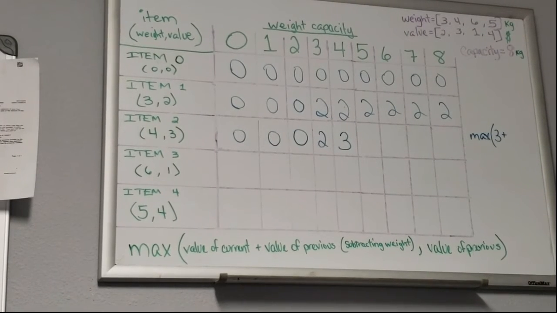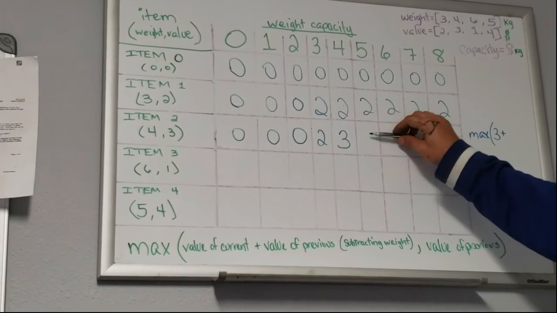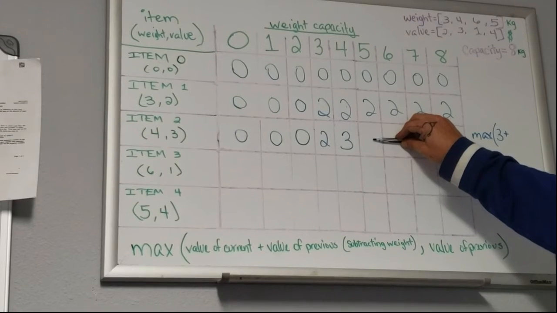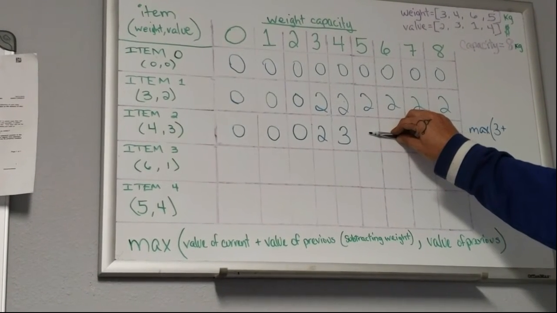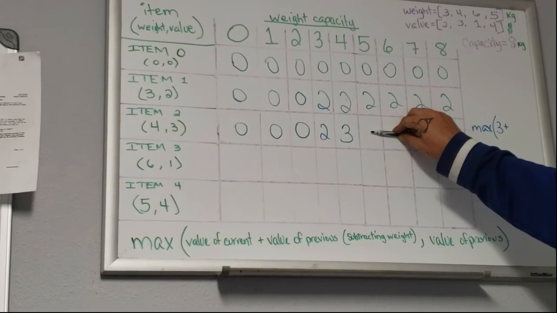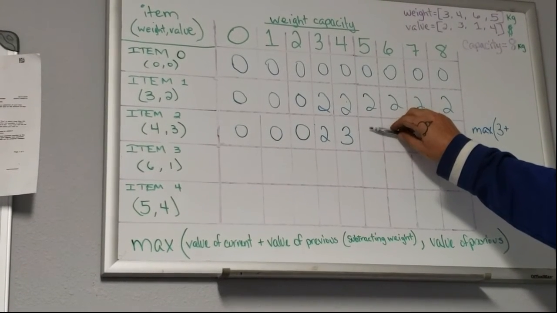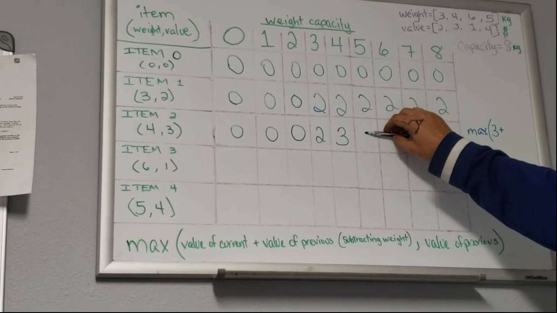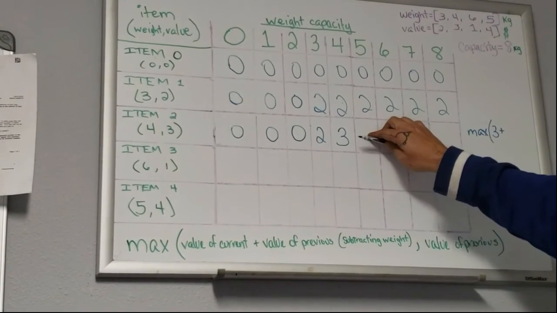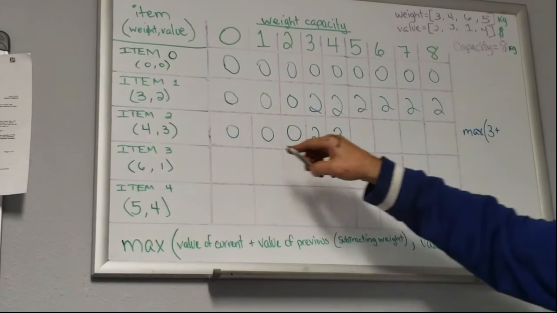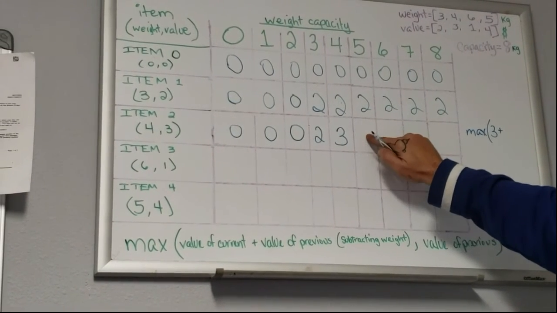So we want to point to row 1. Here we take the value of the current, which is 3, and then we have to count backwards because we are including the weight here. At 5 kilograms as our capacity, keep in mind, we have 4 kilograms for our item number 2.